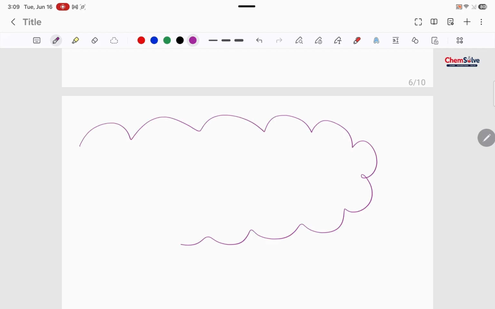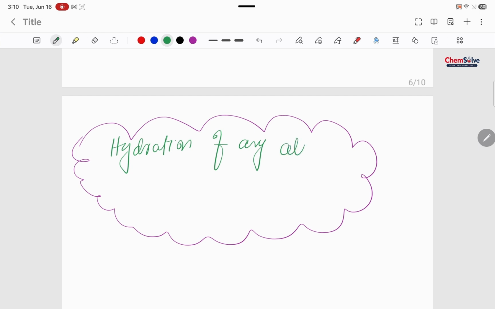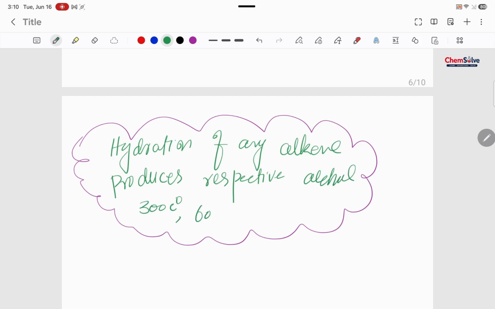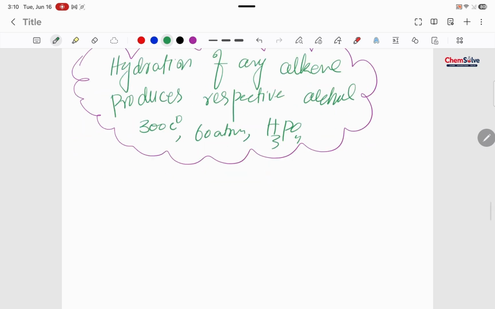So basically we learned two important points from here. One point is hydration of any alkene produces the respective alcohol, and 300 degrees Celsius is the temperature, 60 atm is the pressure, and H3PO4 is the catalyst.